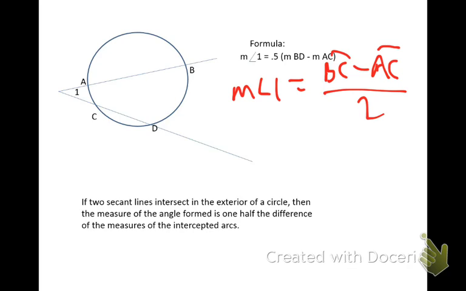So it's whatever is inside the mouth of this angle. The two arcs we're dealing with are BD and AC. Those are the two arcs contained within this angle, right? So it's the same idea. The angle's outside the circle, so I subtract. BD minus AC divided by 2 is going to give me angle 1.